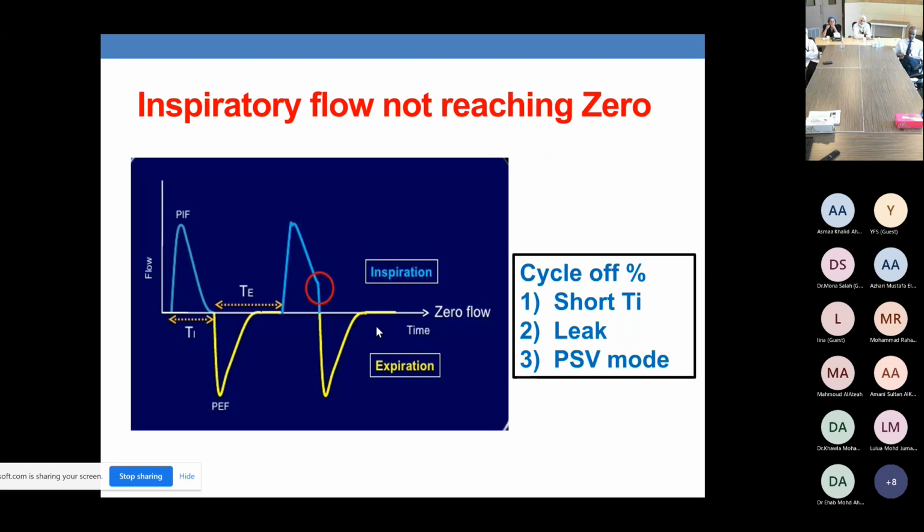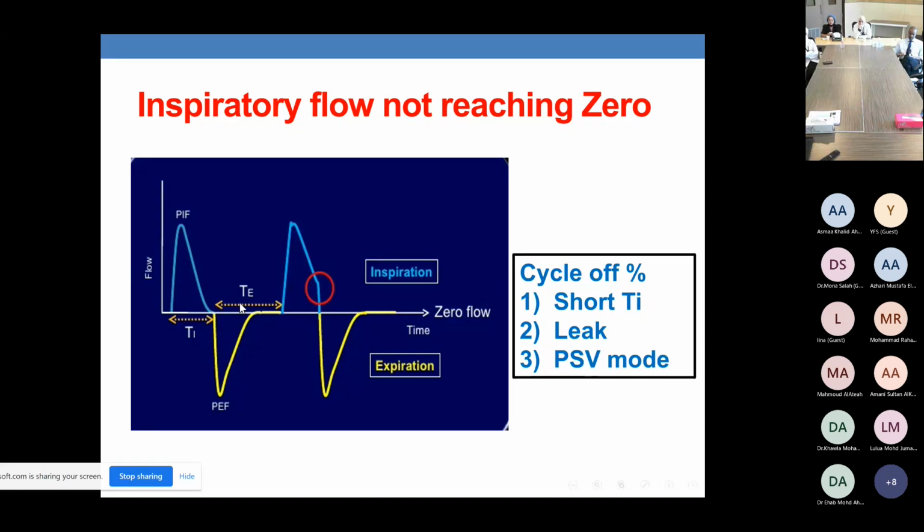Now, what we have described as benefits, you will get to know now. As we said, this is the I time, and the flow should reach 0 in the flow time waveform. If not reaching 0, we said, is it a PSV mode? Are we in a pressure support ventilation mode? This means that this is flow cycling.